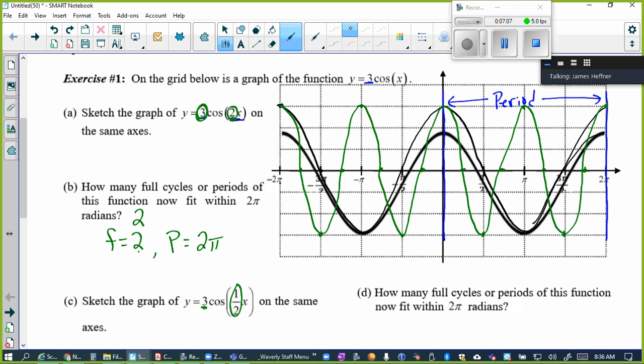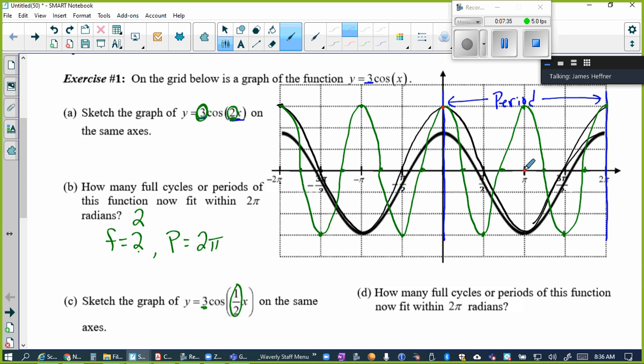So let me do this maybe in red, okay? So we're still going to start up here, okay? And if you like, you could do a table of values on your calculator. That might be helpful, right? But originally, we would have come down and hit here, right? But now we're not, are we? Where are we going to go? Out to here? Well, you can't even see where I'm pointing, right? Like that.